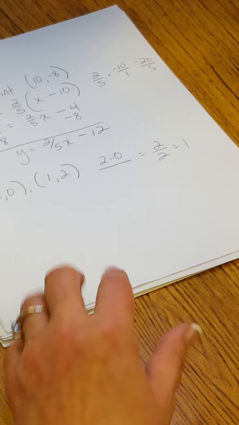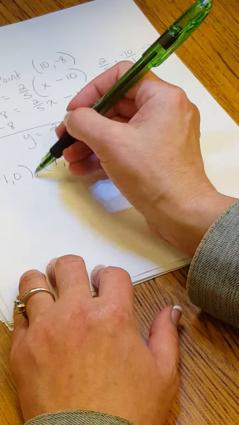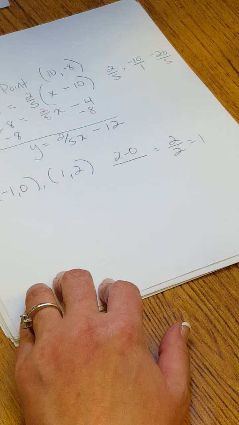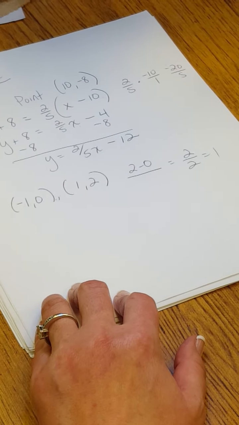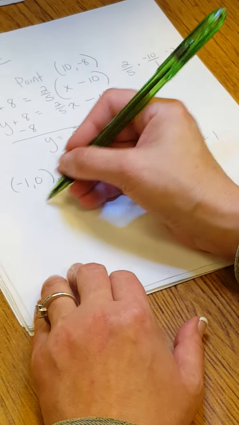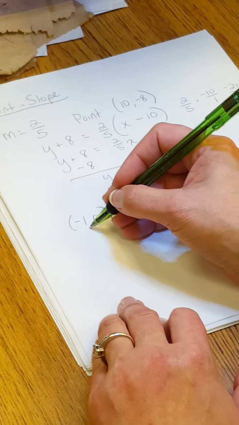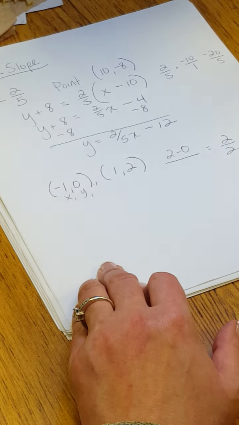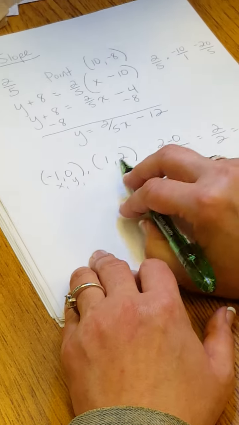Now we can proceed. Now, you guys, you can use either one of these points in your equation. It'll be the same thing. Okay? So I can go in and let's just do the first one. This is x1 and y1. But like I said, you could use either one.